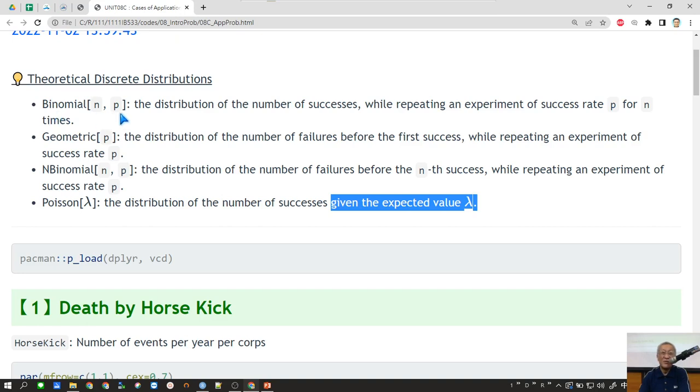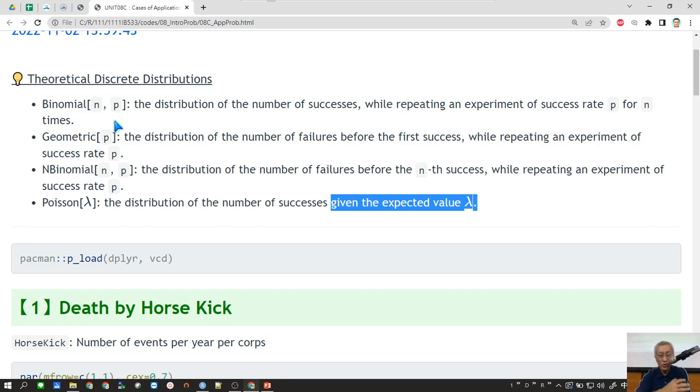The expected value is n times p. If you do not know p and you do not know n, you only know lambda, then you will use the Poisson distribution. I don't have time to cover this in detail, but just to give you an idea of how it is used in business scenarios.